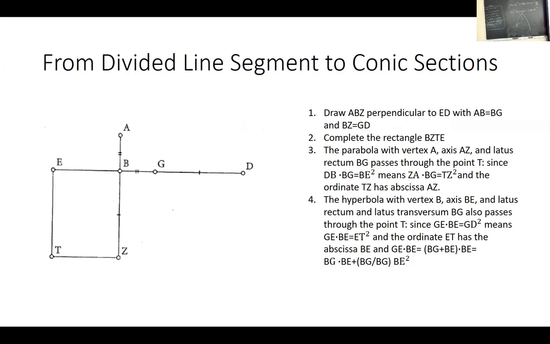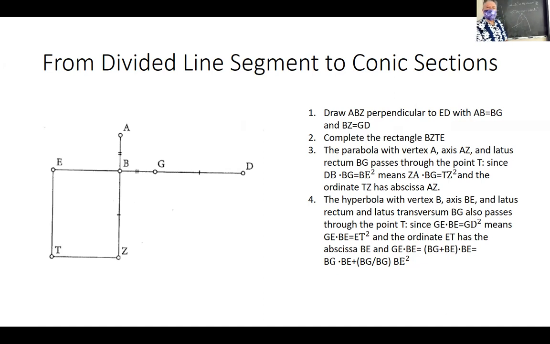If we look at the definition of a hyperbola, GE equals BG times BE, and BE, I believe, is the abscissa, and ET is the ordinate. So that relationship is exactly what it means to be a hyperbola.